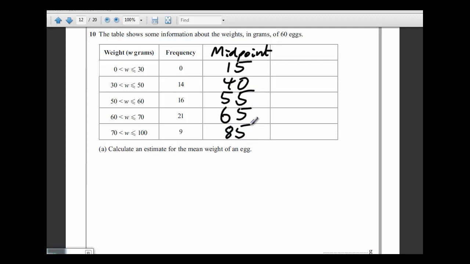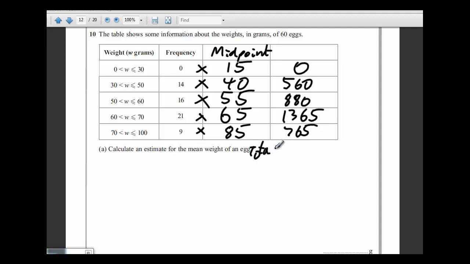Now, just like a normal frequency table, we're going to multiply the frequency by the midpoint. So we get 0, then 560, then 880, then 1365, and 765.